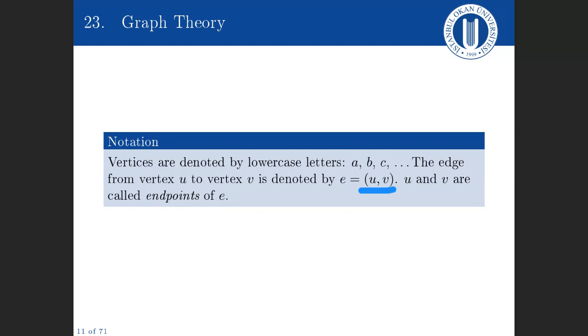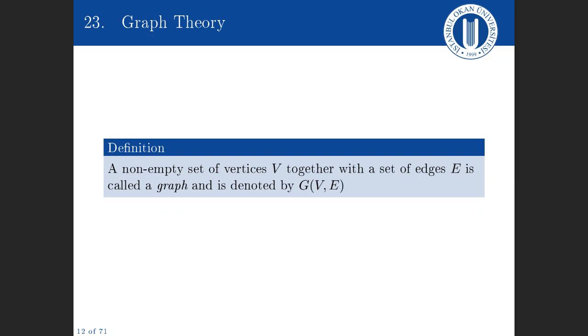And then we will say that U and V are the endpoints of edge E. A non-empty set of vertices together with a set of edges, which may or may not be empty, is called a graph.